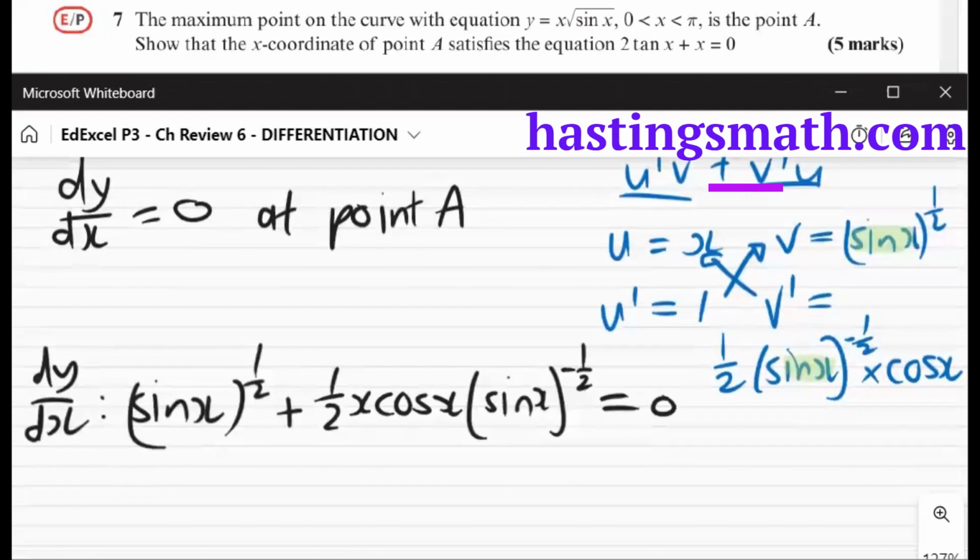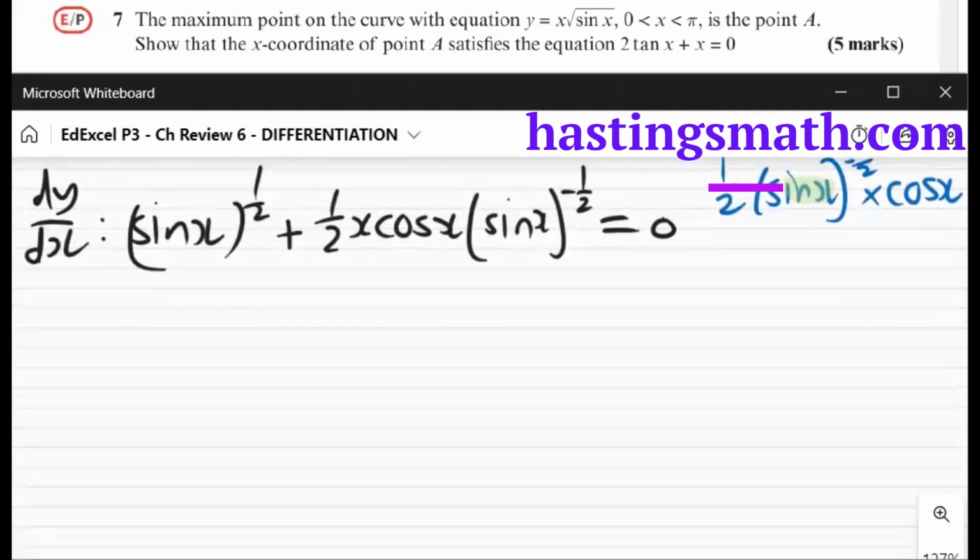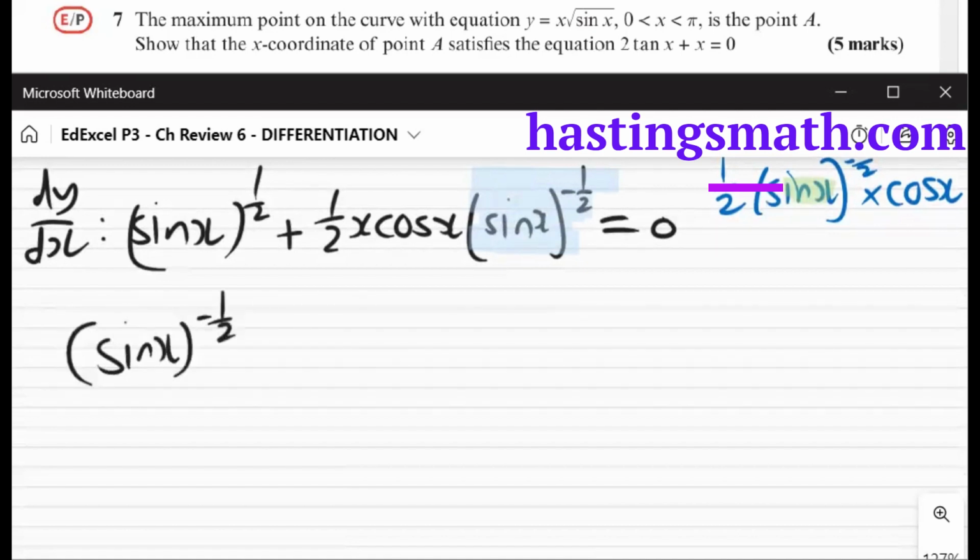To simplify these things, I try and take out a highest common factor of the negative power. So if we take out a common factor of sine x to the negative a half, it will hopefully sort it out. So let's see, what do we need to times this by?